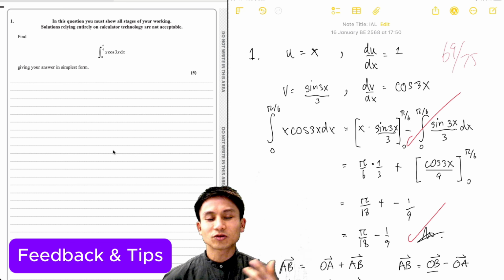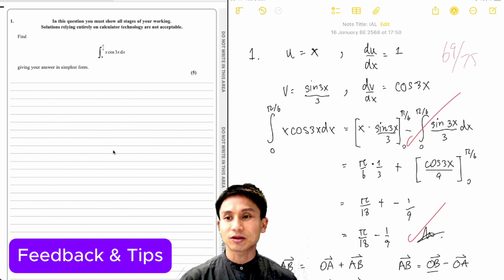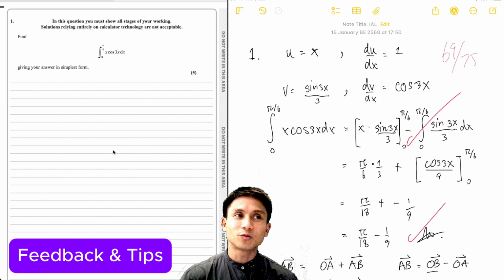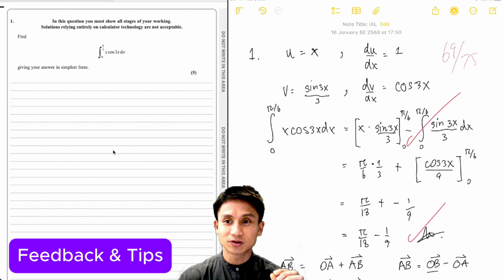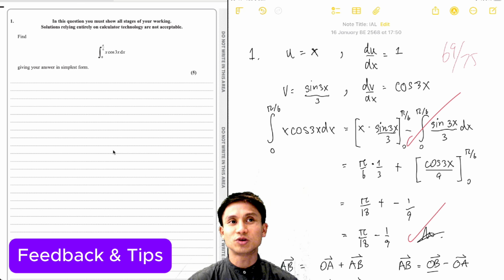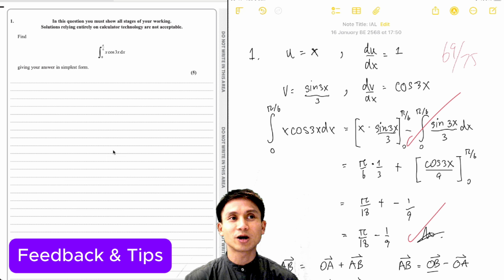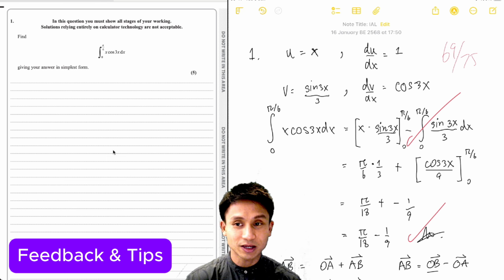My general technique for by parts: I have heard that people remember LIATE or something, which is the order you choose for the u. But I would say generally, u is taken as the function that when you differentiate it, it gets simplified, or it helps simplify the other part of the integrand.